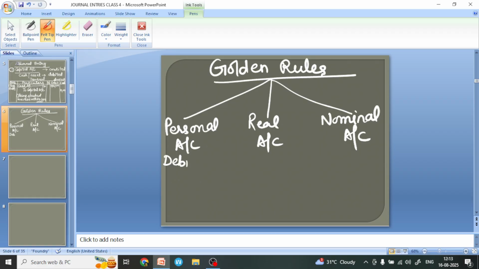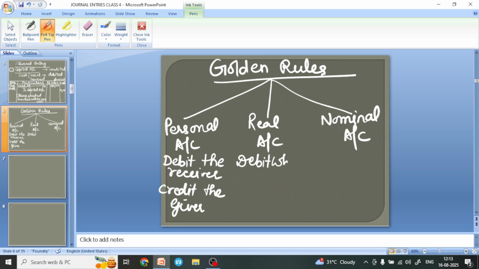Debit the receiver, credit the giver. Debit what comes in, credit what goes out.